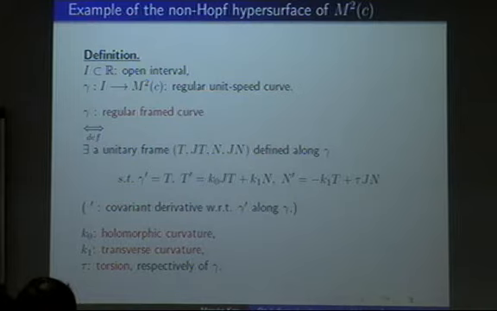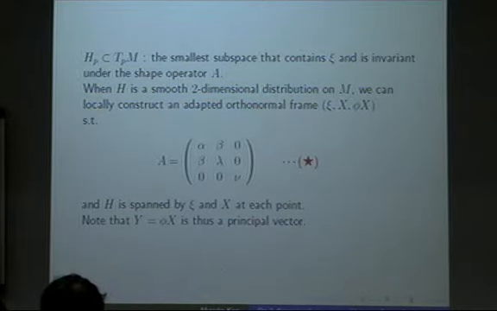And K0 is called the holomorphic curvature, K1 the transverse curvature, and tau the torsion, respectively, of gamma. The example has this type of shape operator. If this beta vanishes, then A satisfies the Hopf condition.